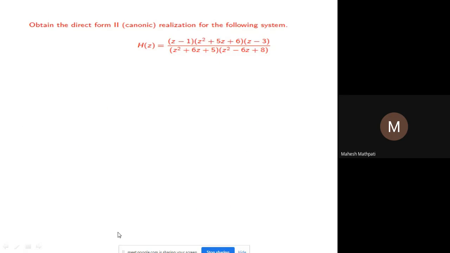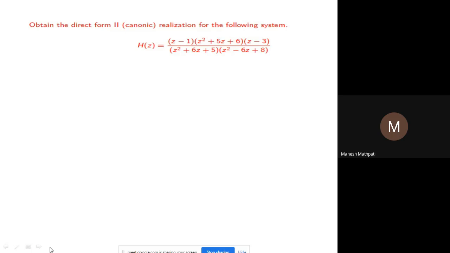Just note down this example. Obtain direct form 1 and direct form 2 realization for the following system function. So far the difference equation was given, and we have just calculated direct form 1 and 2.